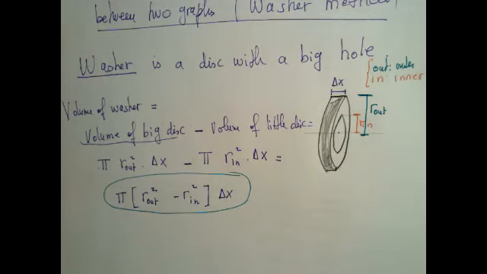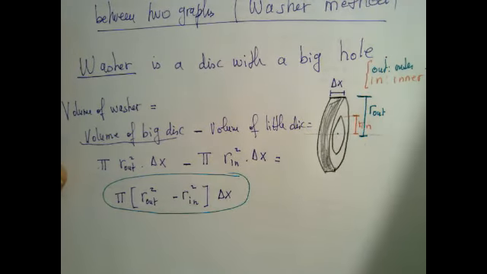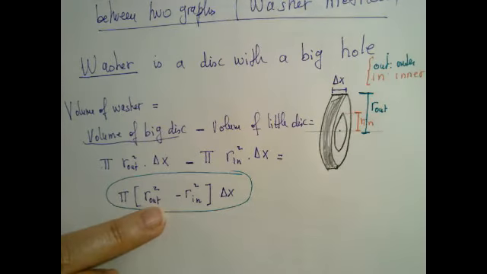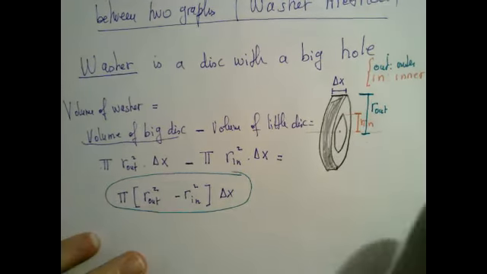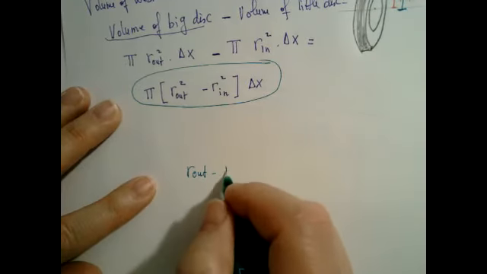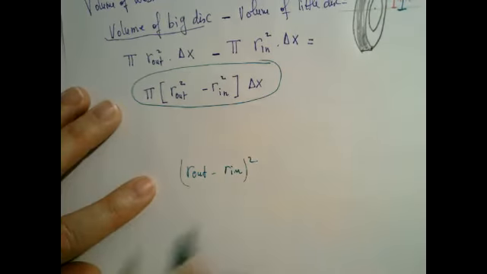Could you take the radius of the outside and subtract this one and then compute it? No, you cannot do that. That's the formula that you have to use. If I'm understanding your question, you cannot take that square.